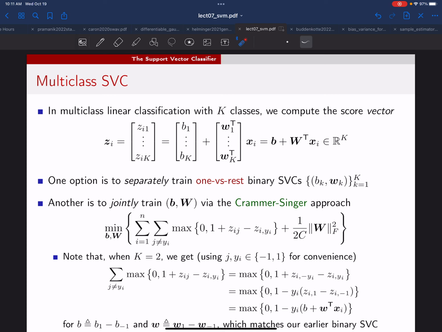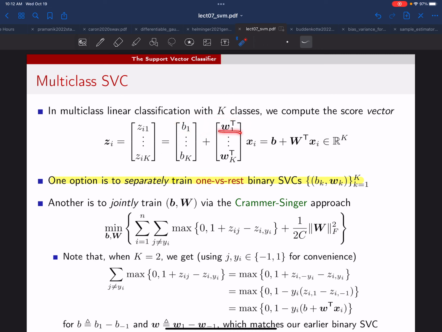Okay, so the question now is, how do we train all these parameters? One option is to separately train the pairs using the binary strategy. In other words, we think about this as a binary problem, and we solve for B1 and W1.